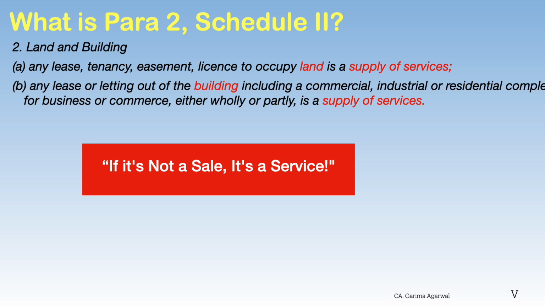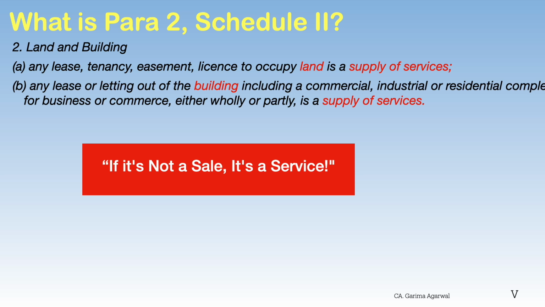So the core principle is for lands and buildings, almost everything involving a right to use, then it is a service. Only the outright sale of a land or a completed, note the word completed building, is outside the scope of GST. So the law states the following are supplies of services, that is A. Any lease, tenancy, easement or license to occupy land is a supply of service.